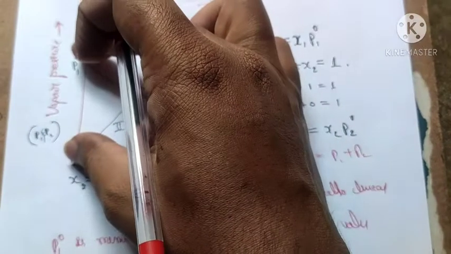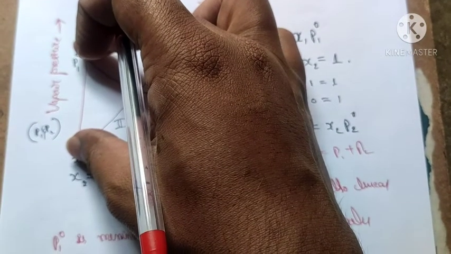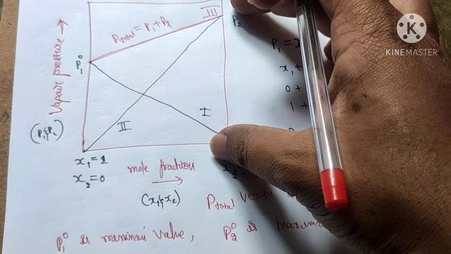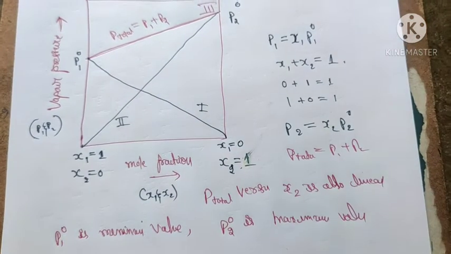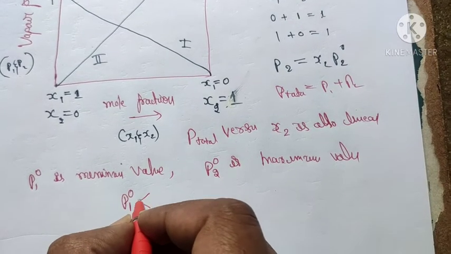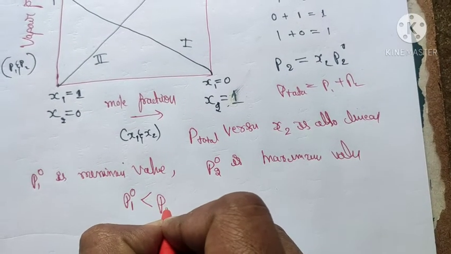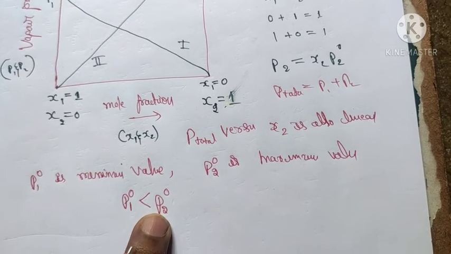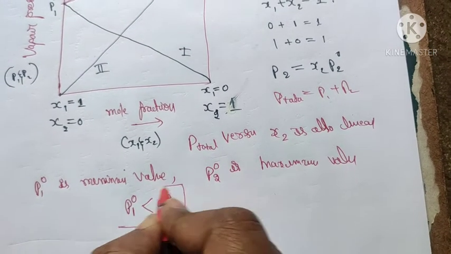So P1 naught is less than P2 naught; P2 naught is always greater than P1 naught.